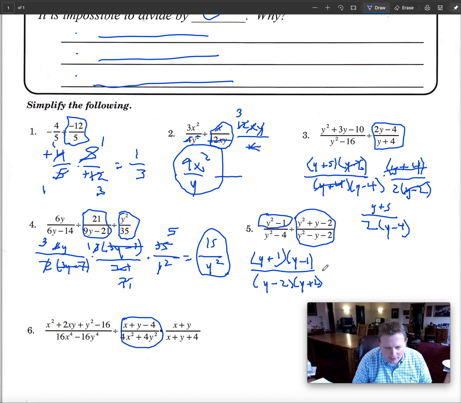And so then the top, this is going on the top. And since it's a minus, we're going to have y minus 2 times y plus 1. And then on the bottom, we're going to have y plus 2 times y minus 1.